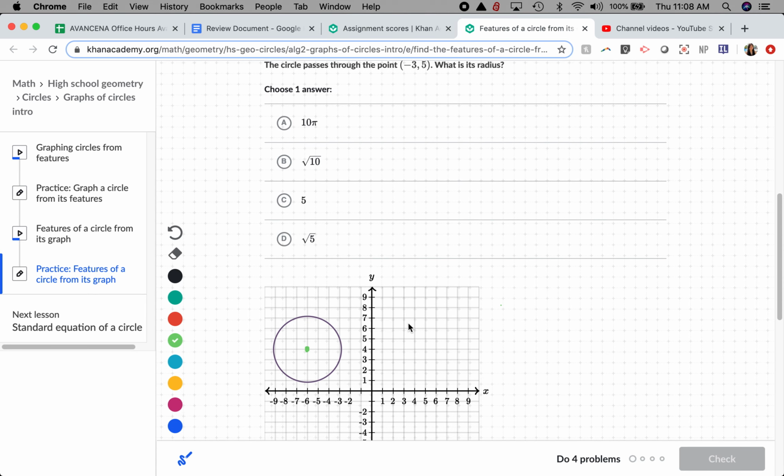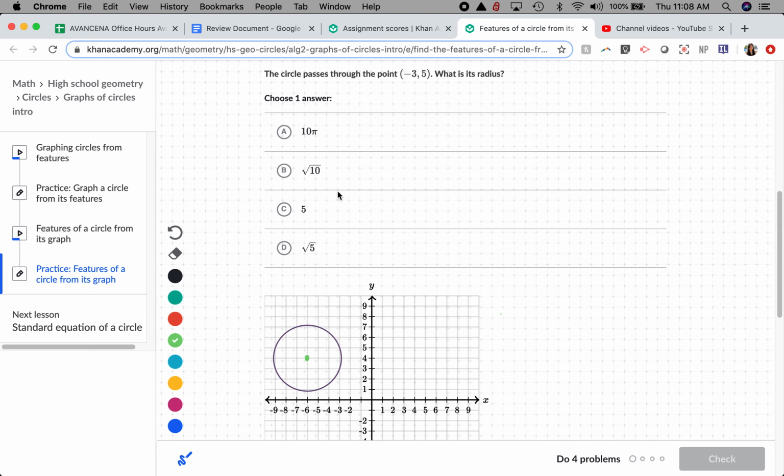Now let's find its radius. The circle passes through the point -3, 5, which is this point right here. And we're going to have to find out what the radius is, which is this line being connected from the center to the edge of the circle.